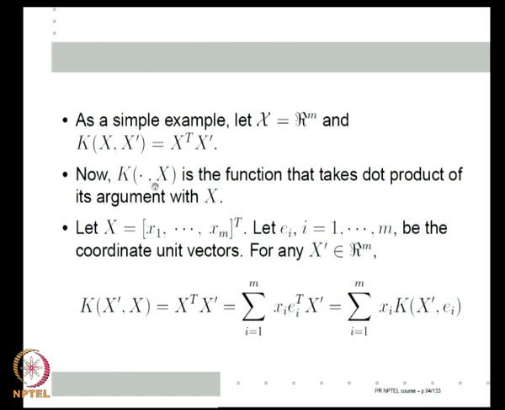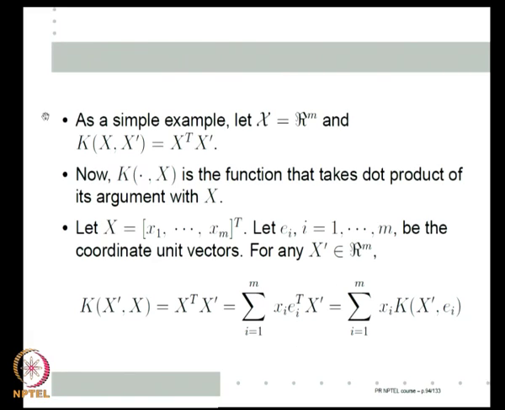Let us take any vector x in R^m with components x1 to xm, and let e_i be the coordinate unit vector, that is, e1 is 1 0 0 0, e2 is 0 1 0 0 and so on. If you give me any x' belonging to R^m, K(x', x) is by definition x^T x', which is nothing but the summation over i of the ith element of x and the ith element of x'. The summation over i can be written as x_i, and I can get the ith element of x' as e_i^T x', because e_i is the coordinate vector.